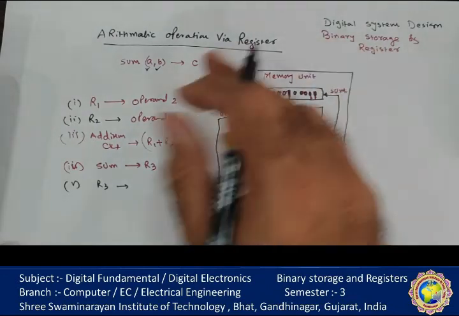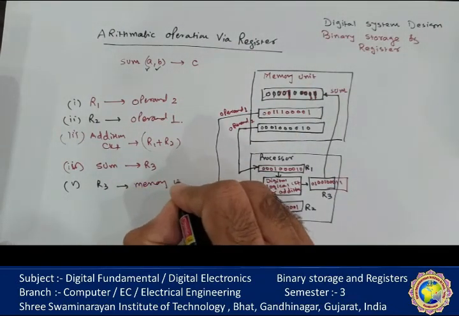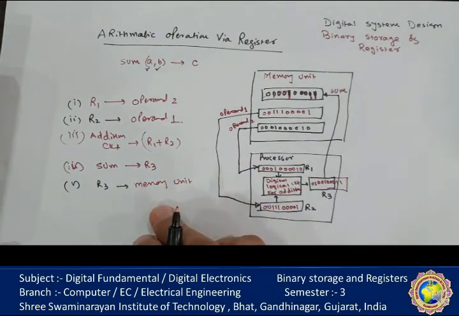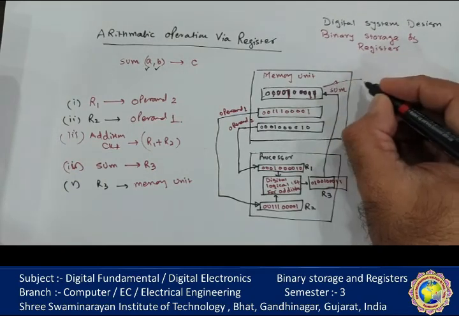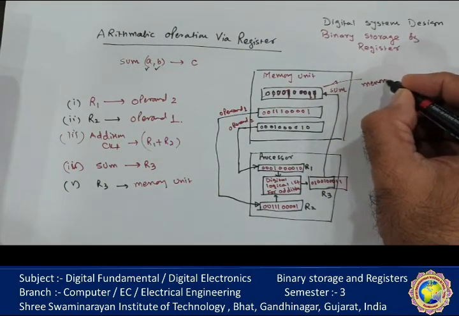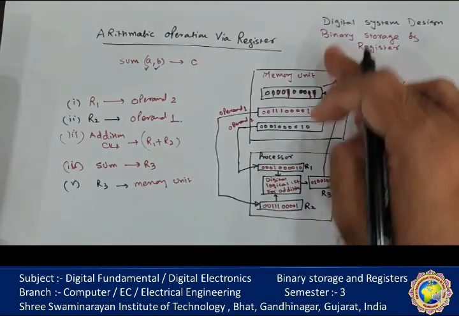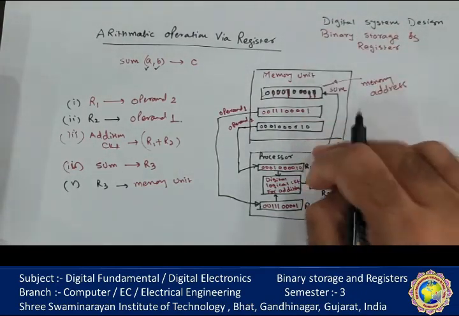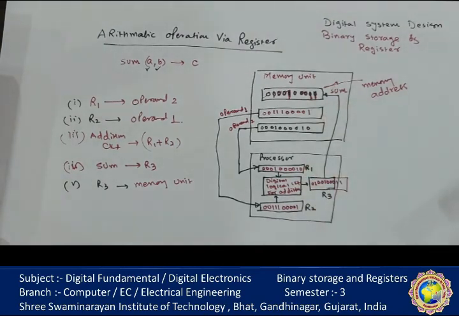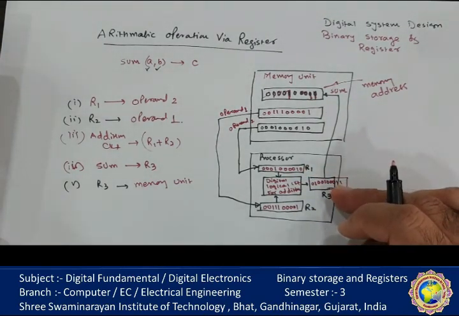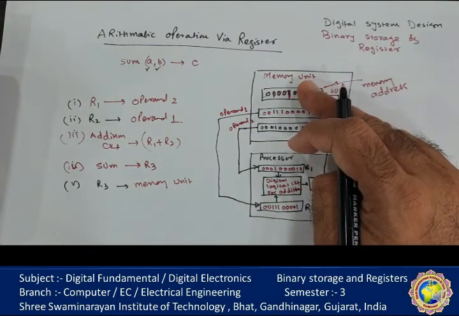The R3 value of the processor unit is stored into the memory unit at a specific location, which is called a memory address, and the memory address depends on how much total byte or bit information can be stored. So the result obtained in the processor register can be transferred back to memory for storage.